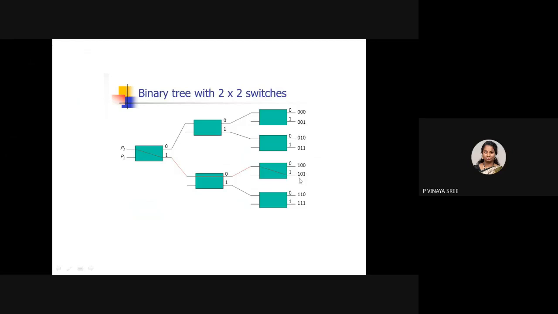This most significant bit is the first switch output, which is 1. The middle 0 is the output of the middle switch. 1 is the output of the least significant bit.